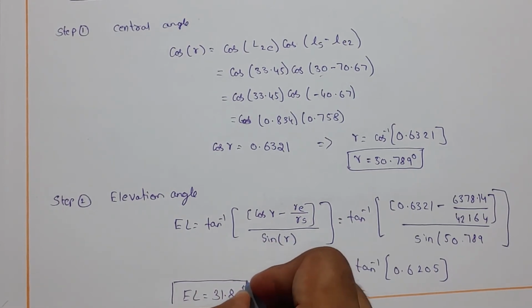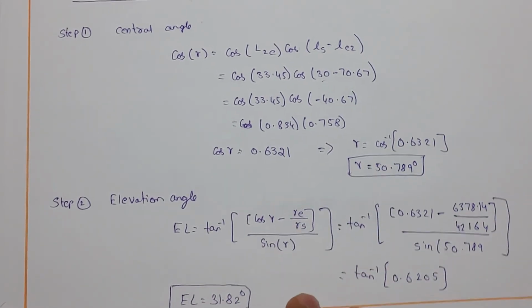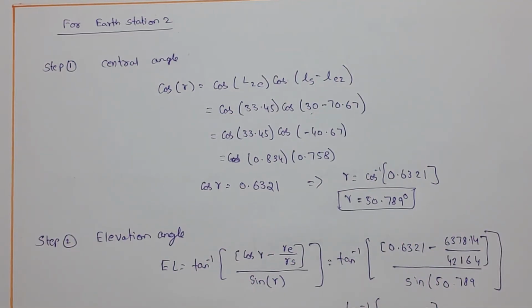In this way we found the elevation angle for the second station also. We need to find azimuth angle. For that we need to find intermediate angle.